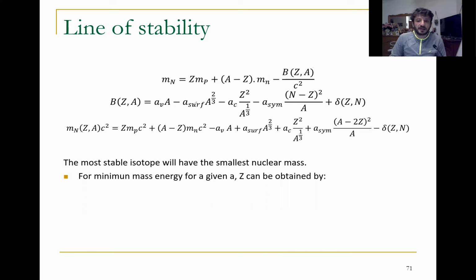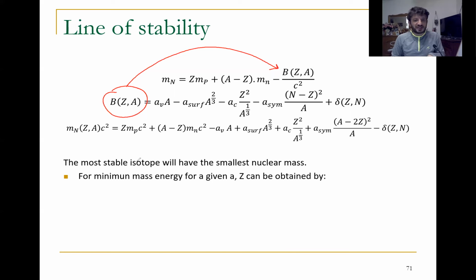Here, we have calculated the binding energy by the liquid drop model. We can substitute the value of B here. We get the general relation of the semi-empirical mass formula, where we have the mass of the nucleus, the mass of the nucleons, and the value of the binding energy inside.